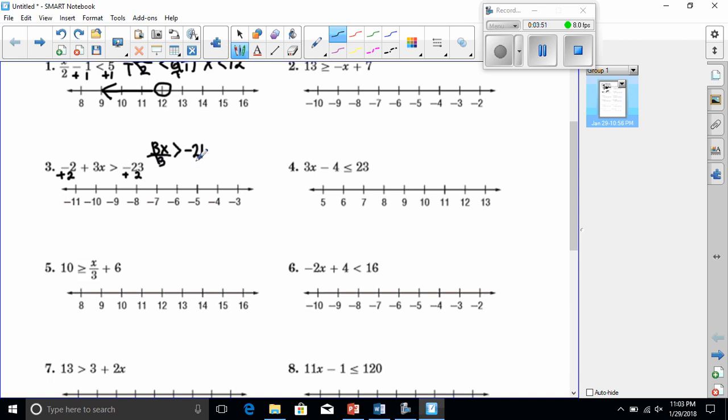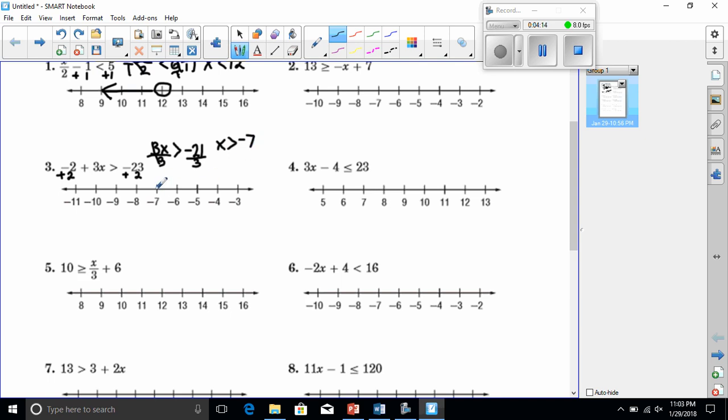But remember, whatever I do to one side, I must do to the other. So now I have negative 21 divided by 3. Well, as I said before, x is all by itself now. And the greater than symbol stays the same. I did not divide or multiply by a negative number. And that leaves me with negative 21 divided by 3, which is negative 7.